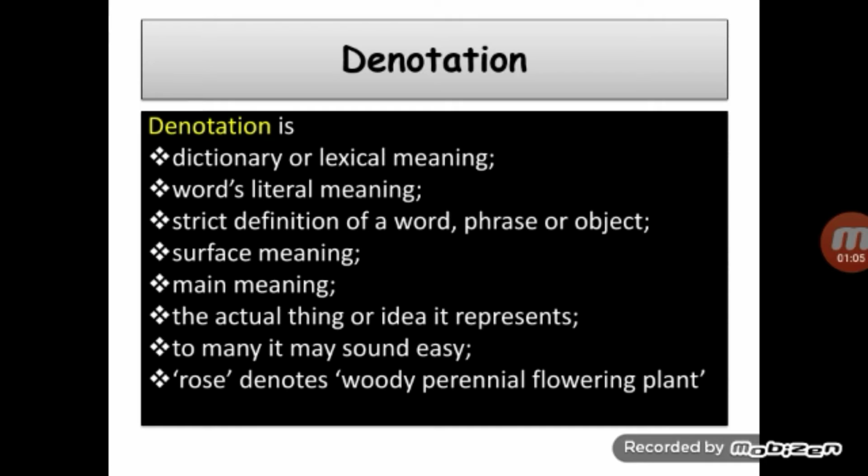In its strict definition, it's the dictionary definition of a word, phrase, or object. So, the surface meaning or main meaning of the word is called denotation. Or, the actual thing or idea that it represents can be termed as denotation.